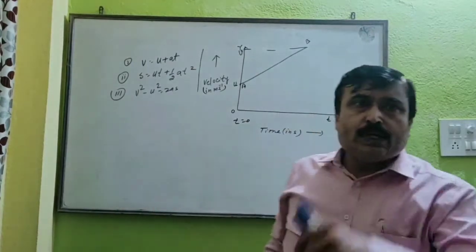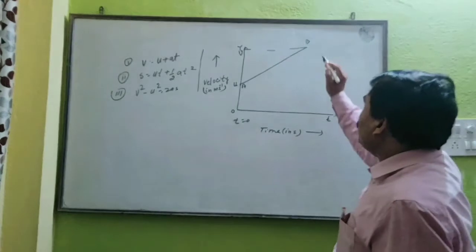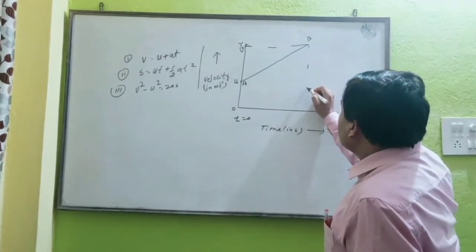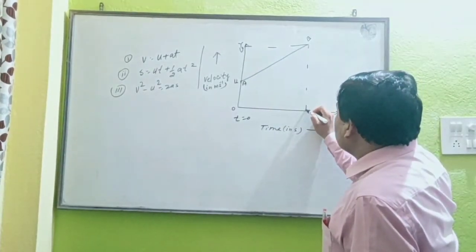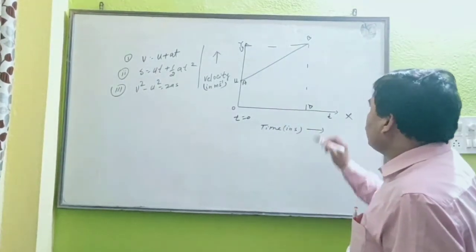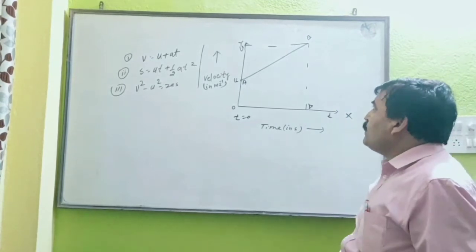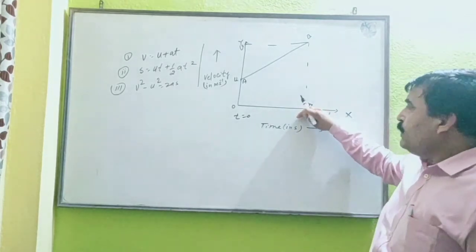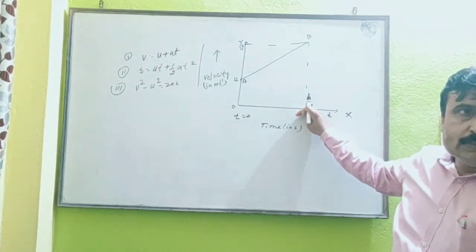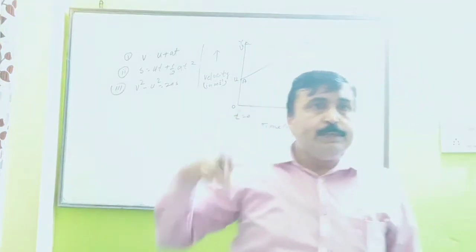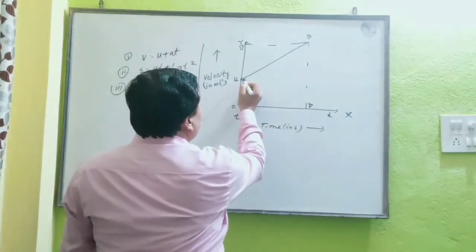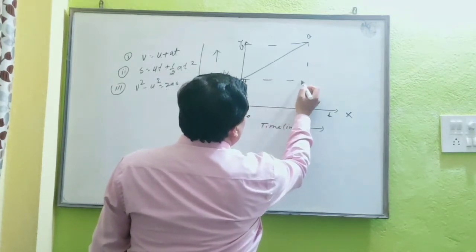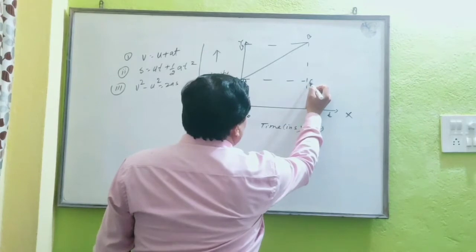Now we will draw a perpendicular on the time axis from B to D. This is D. A perpendicular is drawn on the time axis from B, that is BD, and another perpendicular is drawn on BD, which is AC.